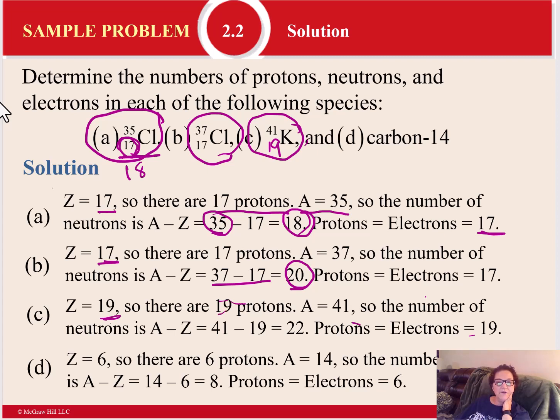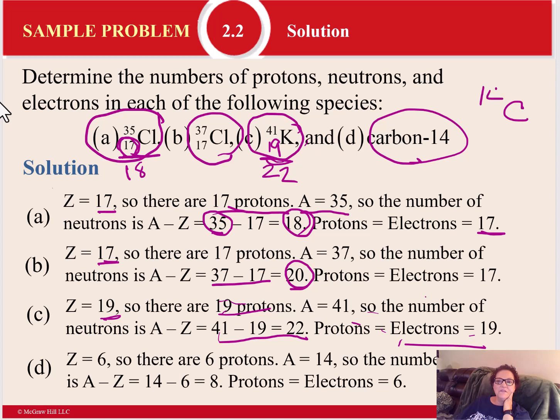So there are 19 protons and 19 electrons, and 41 minus 19 is 22 neutrons. Then I showed you carbon-12, and this is carbon-14. Written with its symbol, I can already figure out I've got 6 protons, 6 electrons, and 14 minus 6 is 8 neutrons. See how that works?